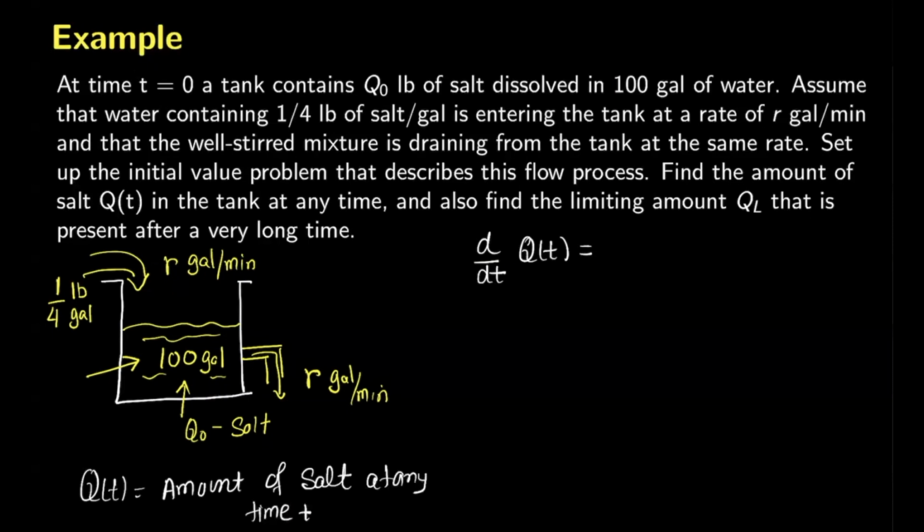And dQ over dt is the rate of change at which this salt is changing in the tub, and this is equal to the rate at which the salt enters minus the rate at which the salt exits.